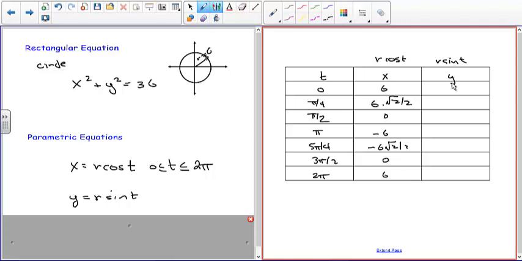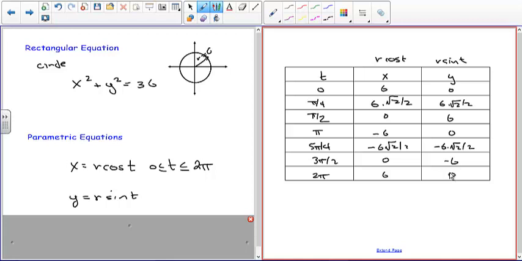And if you plugged it into the y equation, you would get 0, 6 times the square root of 2 over 2, 6, 0. This is in the third quadrant, so it's going to be negative 6 times the square root of 2 over 2. That'll be equal to negative 6, and that'll be equal to 0.